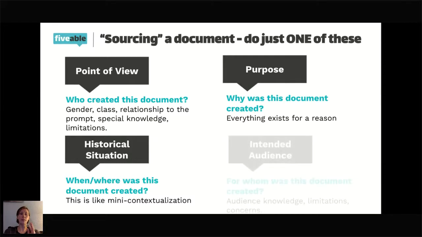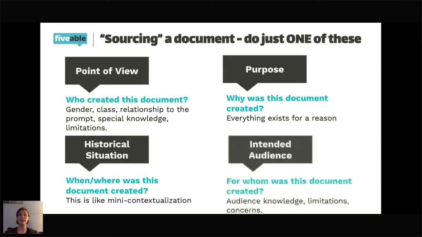And then our last category for sourcing is the intended audience. For whom was the document created? So if point of view is about the author or creator, audience is about the recipient. For whom was this document created? What does that audience know or not know, right?